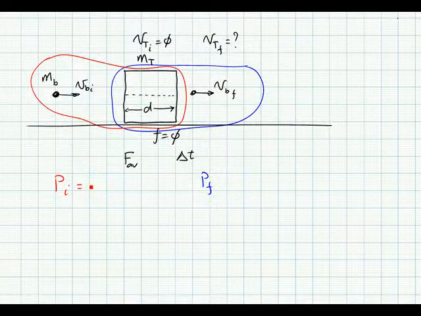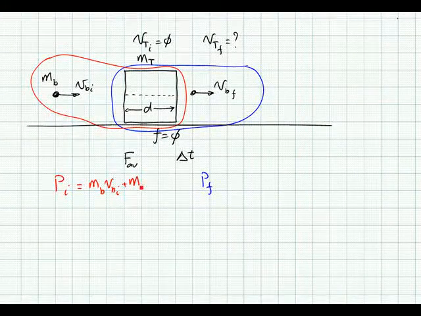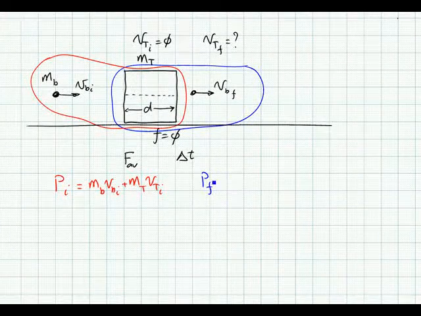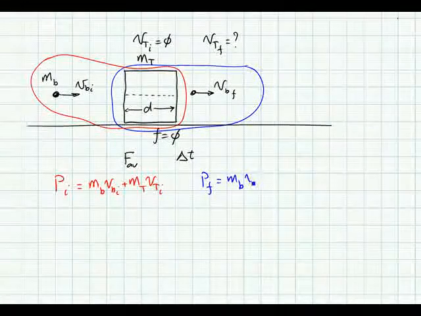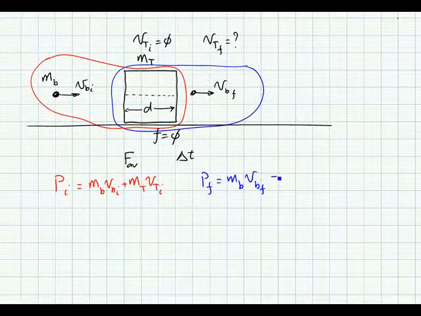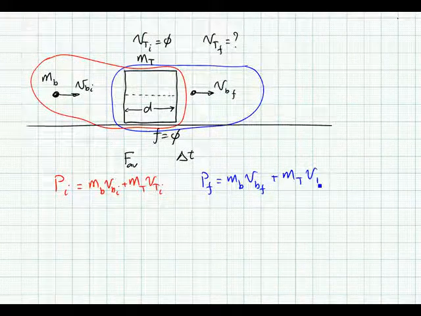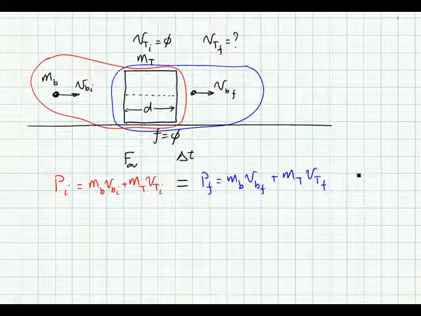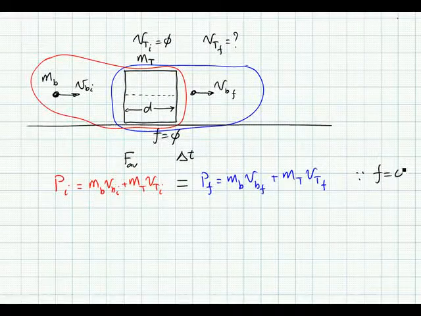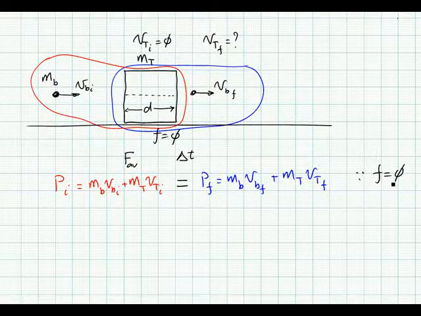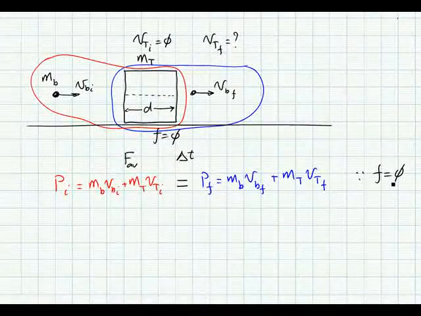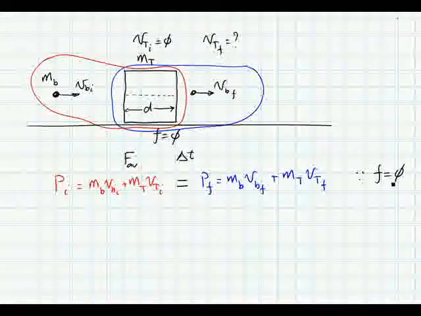Momentum initial is mass of the bullet times velocity of the bullet initial, plus mass of the target times velocity of the target initial. Momentum final is mass of the bullet times velocity of bullet final, plus mass of the target times velocity of the target final. And these two must be equal since impulse is zero because we have a frictionless surface. So initial momentum equals final momentum.